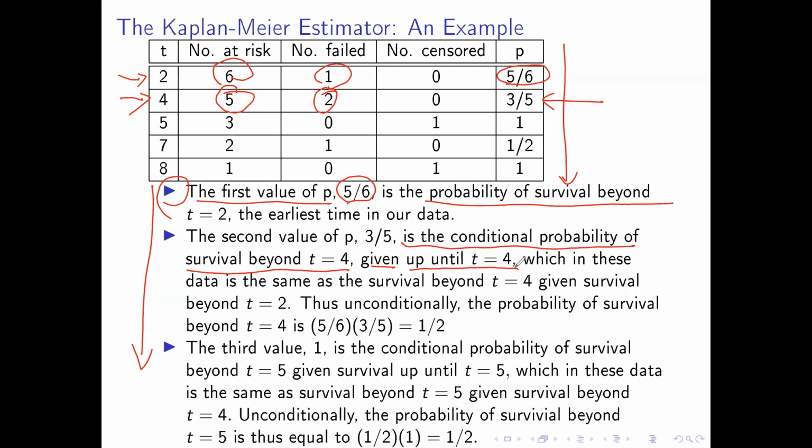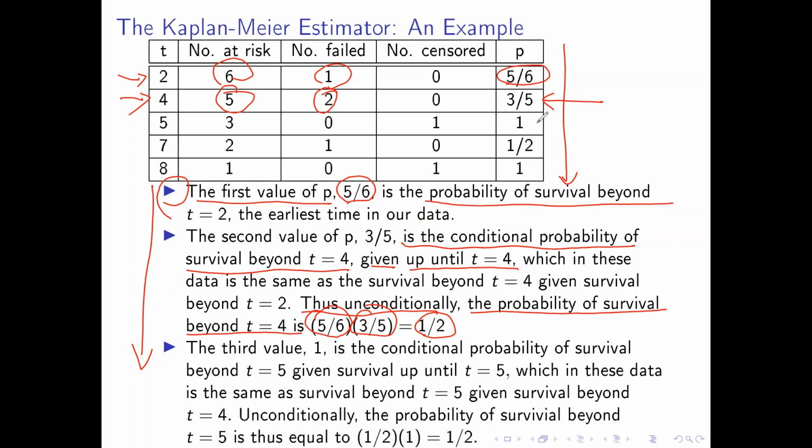Thus unconditionally, the probability of survival beyond day 4 is the product of these two probabilities. That's the reason why in the estimation of the survival function we have that uppercase pi, the product. In this case, the unconditional marginal probability of survival from the very beginning to day 4 is a half, which is the product of 5/6 and 3/5.